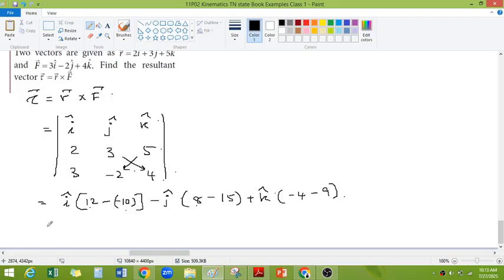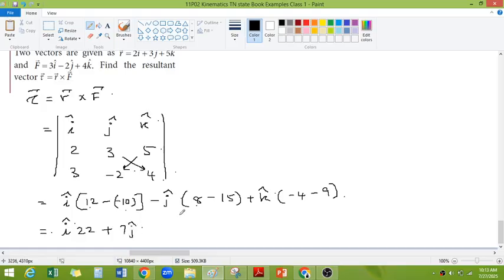I hope you have been introduced to matrices and determinants, you are studying that in maths, right? So this will be 12 plus 10, so it will be 22. This will be minus 7, so minus minus plus, so 7j.